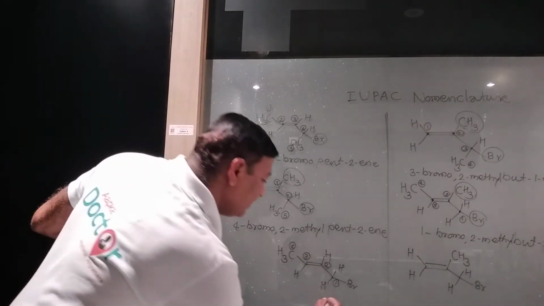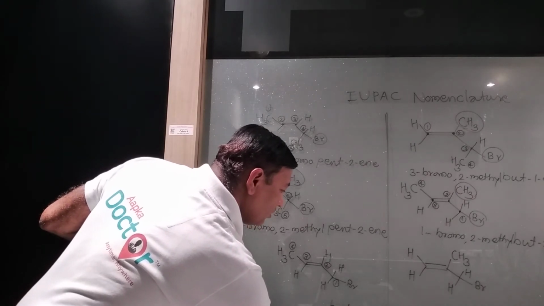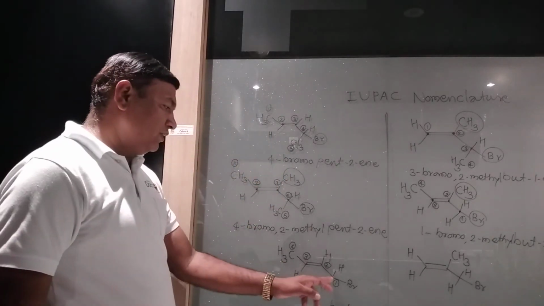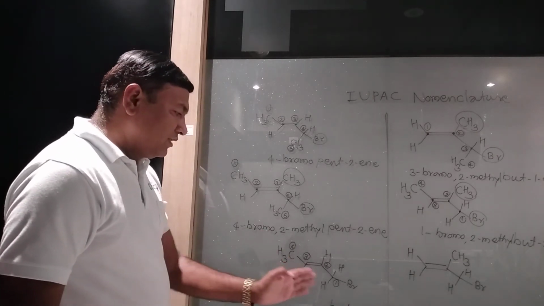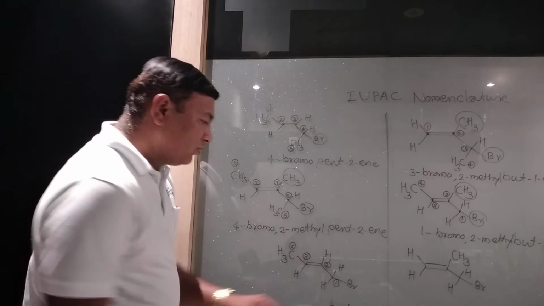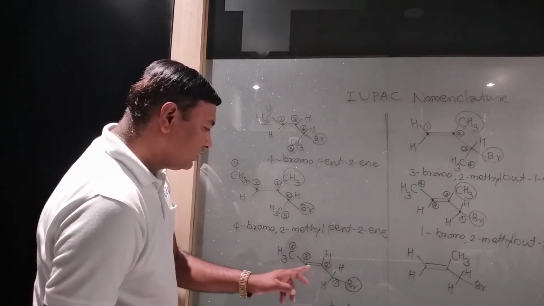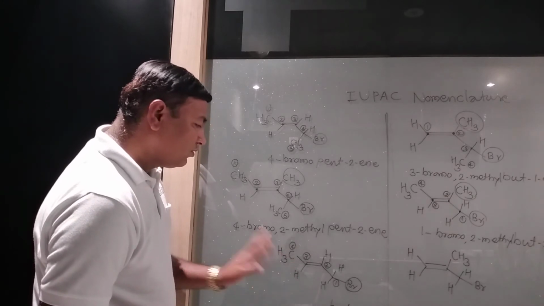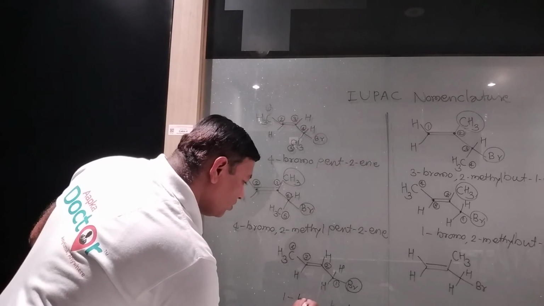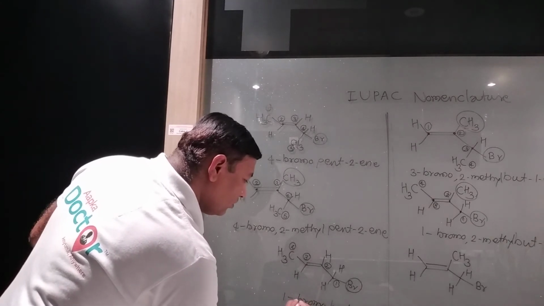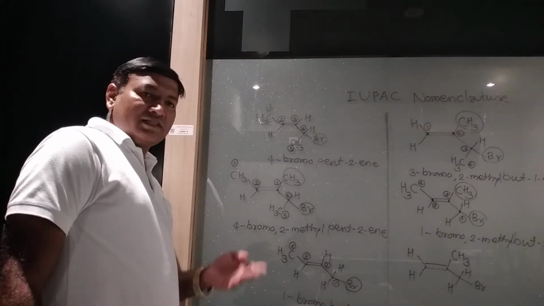Butene, but-2-ene, 1 2 3 4. Then we think about the substituent. The first substituent, bromo, is here; at 2 there is no substituent, at 3 no substituent, at 4 no substituent. It means 1-bromobut-2-ene. This is the nomenclature of this compound.